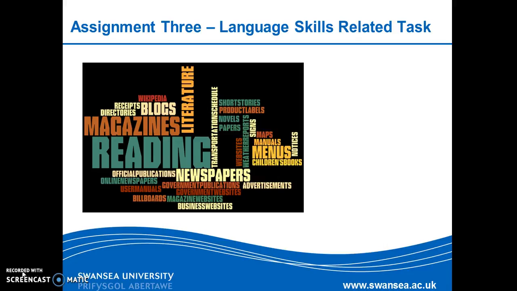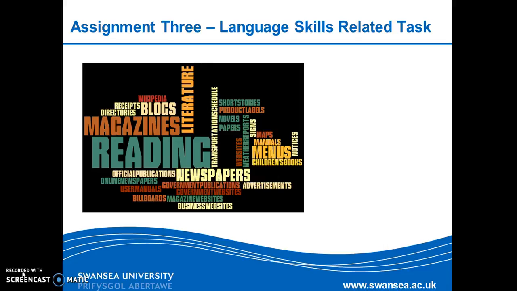There are three main parts to the assignment. First of all, the completion of background reading around the topic of authentic materials, but also around an understanding of the skills of reading and listening, the so-called receptive skills, but also of speaking and writing, which are known as the productive skills. Once you've completed this background reading and chosen some authentic materials which are suitable for use with a group of students, you are then required to identify specific reading or listening skills which will develop your students' abilities.